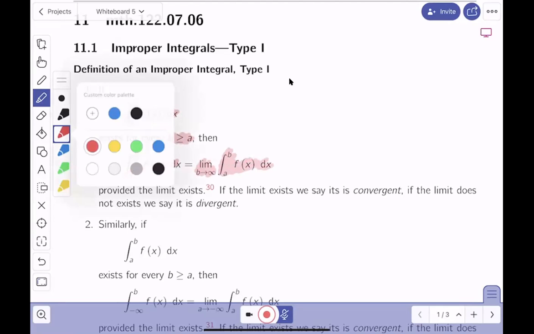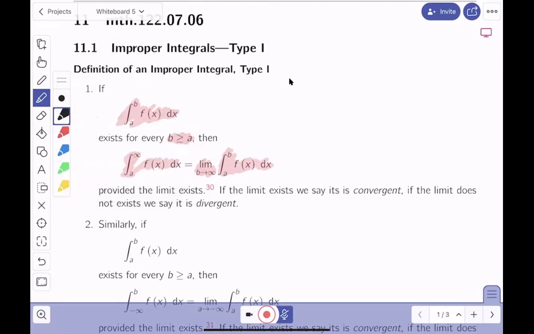We integrate with those limits, find the antiderivative, substitute the values for a and b, and then take the limit.